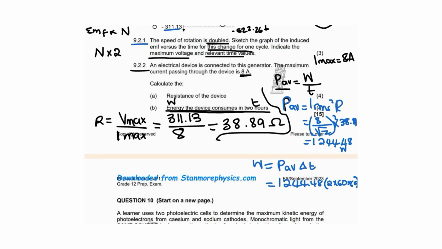So 2 times 60 times 60 gives me a value of 88,960,256 joules, because we are looking for energy.